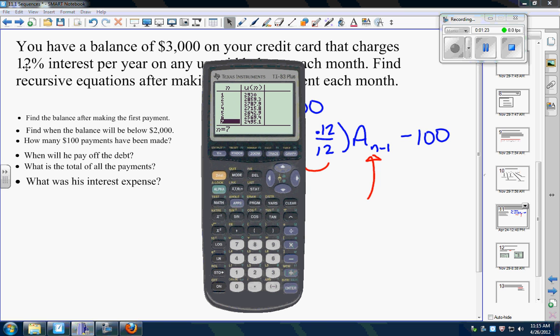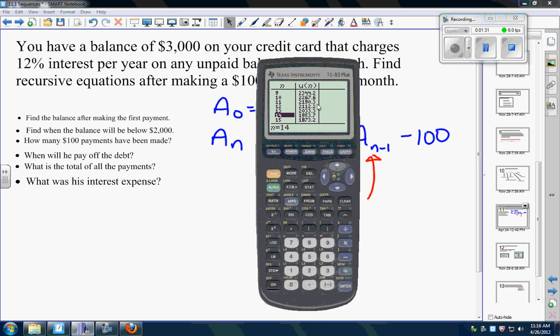Find when the balance will be below 2,000. Keep scrolling, and you can find it in month 14 here. Okay, it finally drops below 2,000.